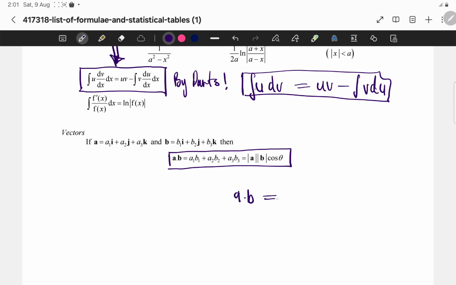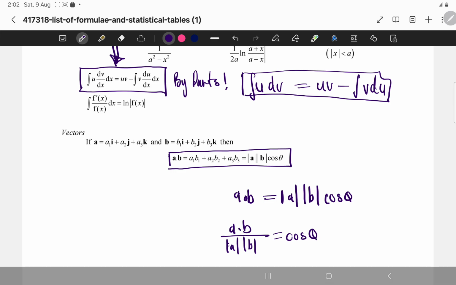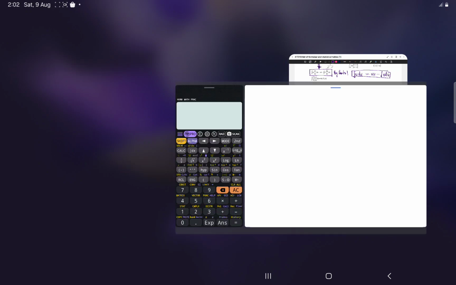So A dot B is equal to the modulus of A times the modulus of B times cosine of theta. Making cos theta the subject by taking the moduluses to the other side, you have A dot B over the modulus of A times the modulus of B is equal to cos theta, which is the one I have given you.